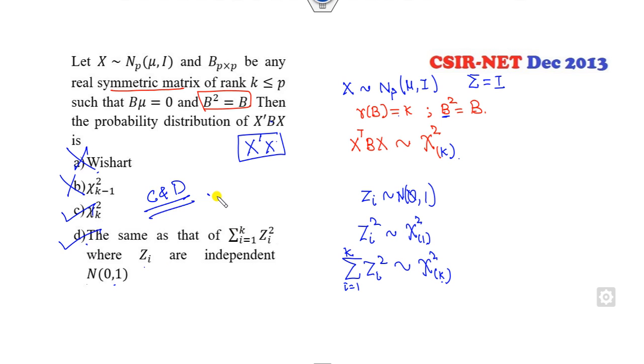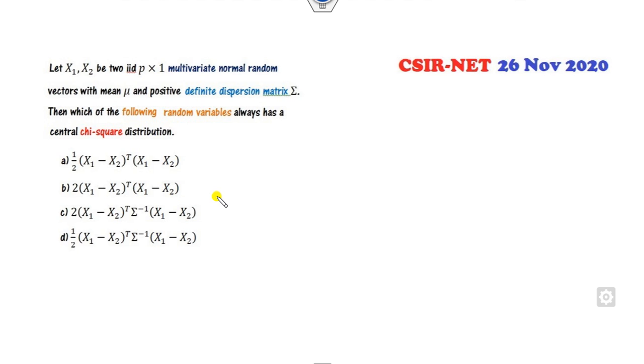You can see, just use the same tips that I told you earlier. Xi's are my IID with the mean mu and positive definite dispersion sigma. Then which of the following is my central chi-square? Okay, I can firstly find the mean and variance of this.